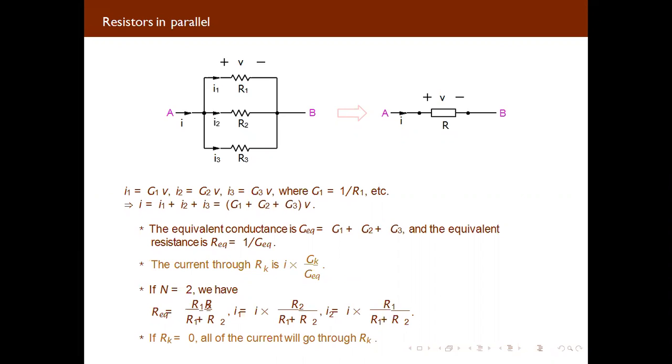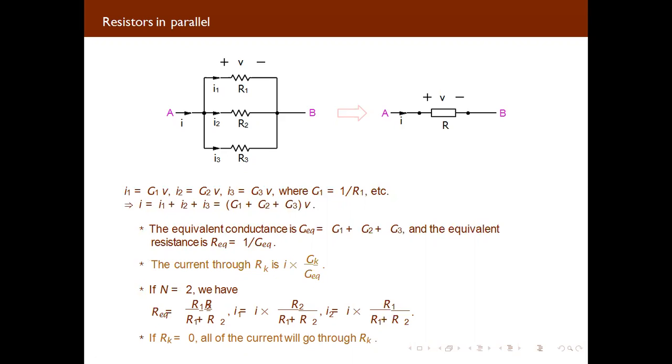You can see here, if we are having two resistors, you can calculate R equivalent equal to R1 R2 upon R1 plus R2. If we are having three resistors, you can calculate R1 into R2 into R3 upon R1 plus R2 plus R3. Or if you are solving values of current where we are having two resistors, at that time you can solve I1 equal to total current into the resistance that will be in parallel.